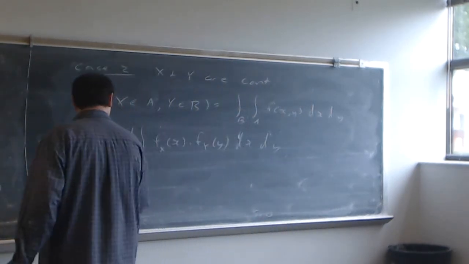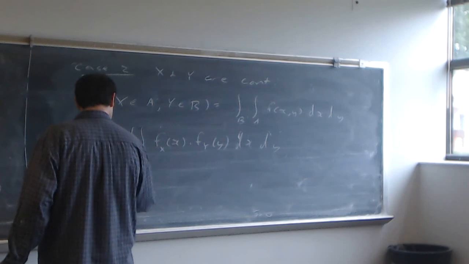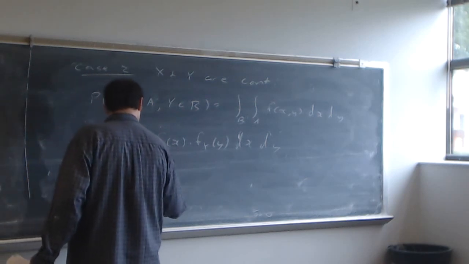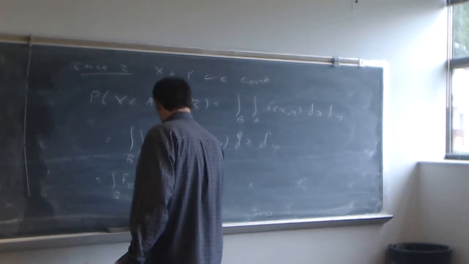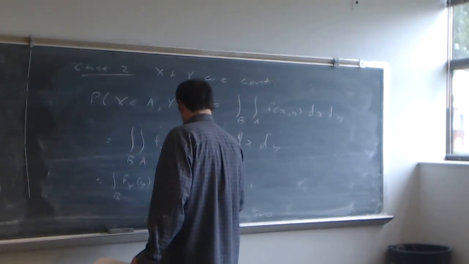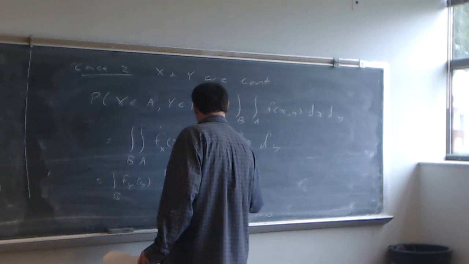I pull out the integral over B of f sub Y of y, times the integral over A of f sub X of x dx, dy.